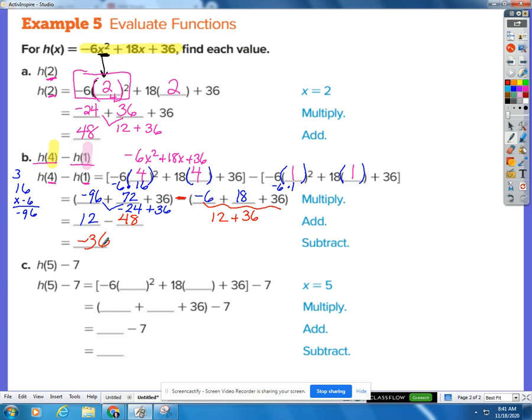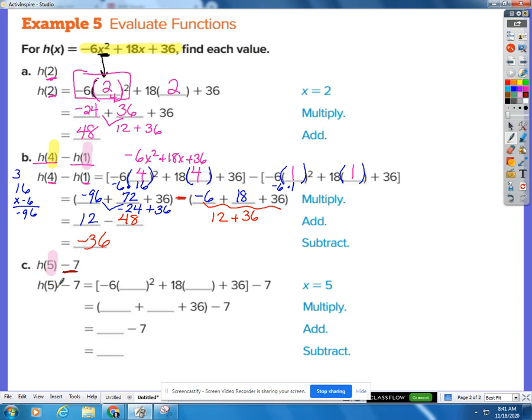The IXL is going to be definitely easier than some of these. And then for letter C, we have a function of 5. So 5 is going to be our input. And then after we do that, we're going to subtract 7.